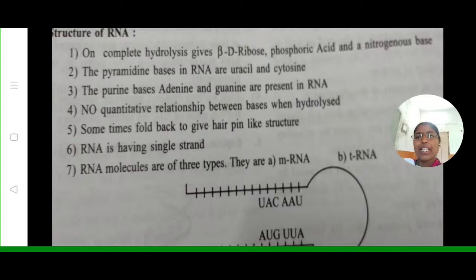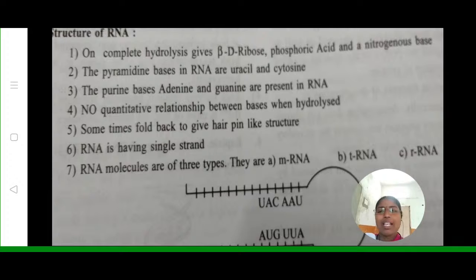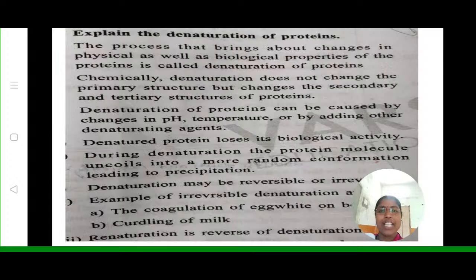It contains ribose, phosphoric acid and nitrogenous bases. Pyrimidine derivatives are uracil and cytosine. Purine derivatives are adenine and guanine. Sometimes it folds back into a hairpin-like structure. It is a single stranded structure with three types of RNAs: mRNA, tRNA, rRNA. This is all about RNA.